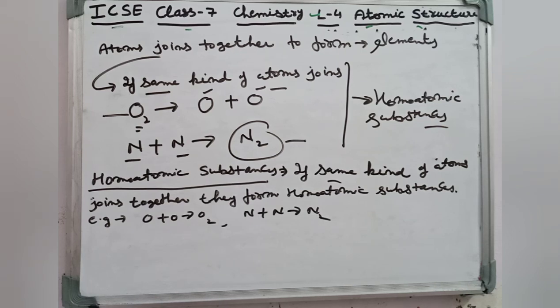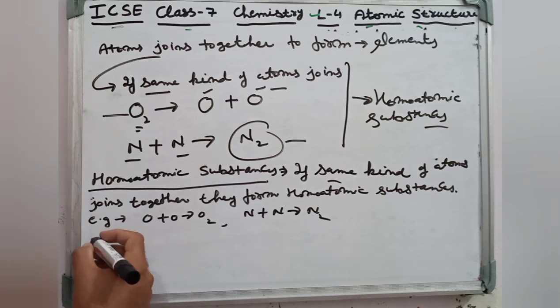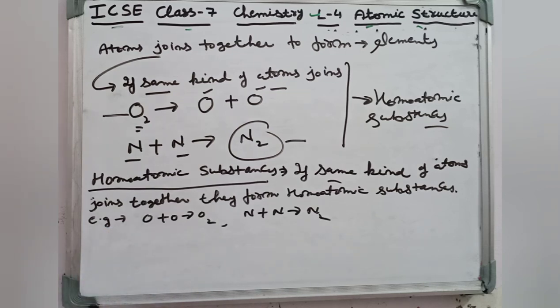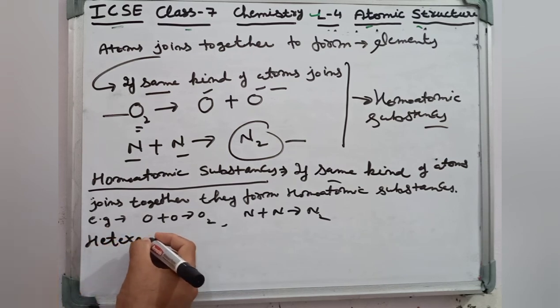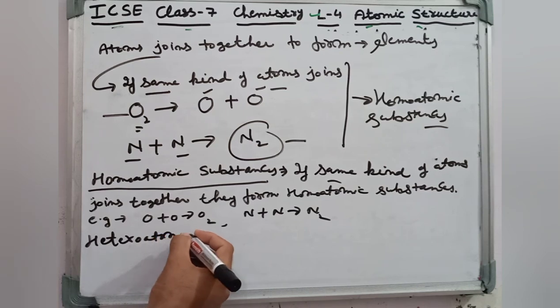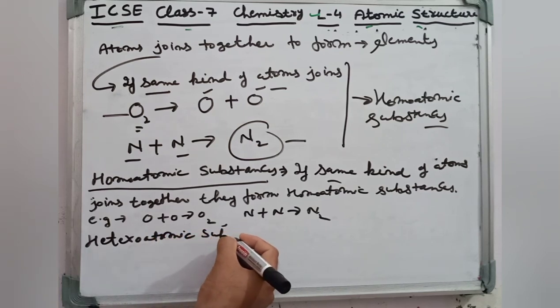If different kinds of atoms join, they will be called heteroatomic substances.